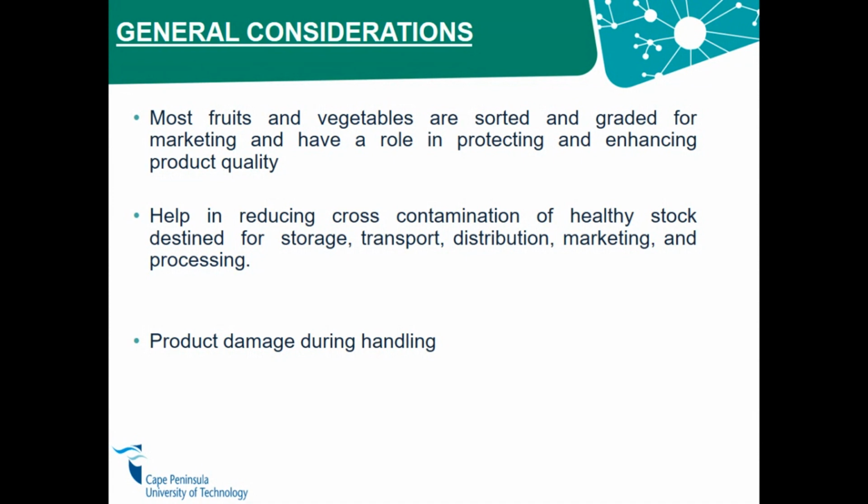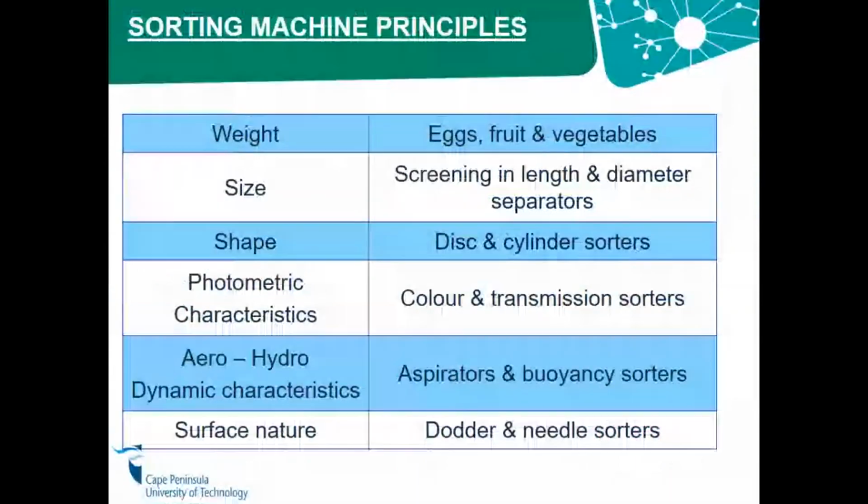So what are the sorting machines and what are the principles that you find in the food industry? Materials can be sorted based on weight, size, shape, and photometric characteristics, which include things like the color of these materials.